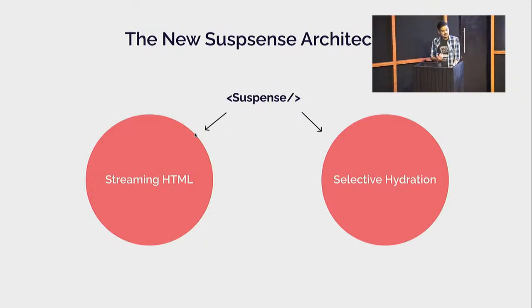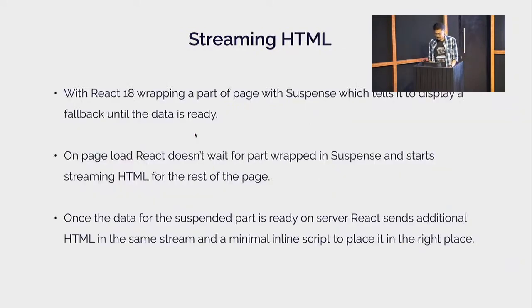First is streaming HTML. I'll show you how it works, and how it is different from normal streaming. And the other is selective hydration. So first let's start with streaming HTML. With React 18, if you wrap a particular component in Suspense, it tells React to display the fallback until the component is ready.